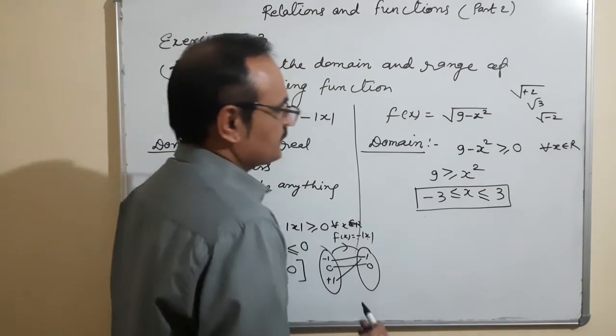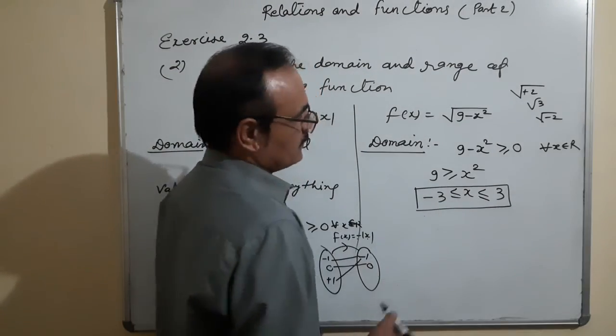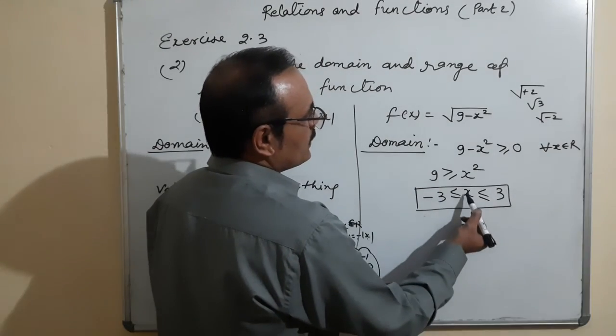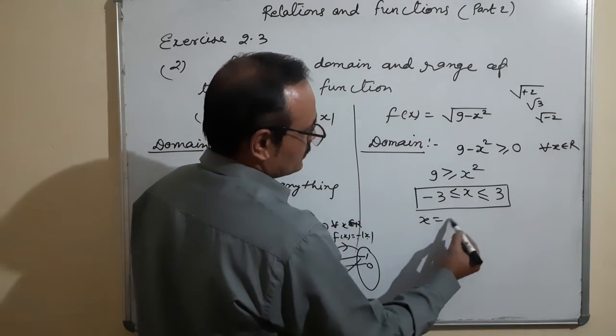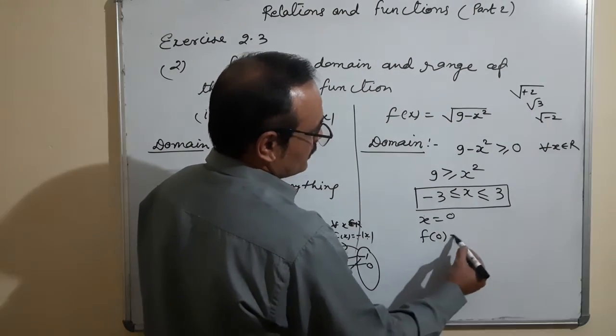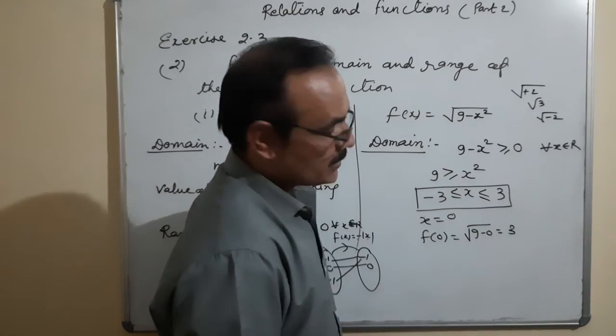Let me check. First, we check between minus 3 and plus 3. Suppose I put x equal to 0. f of 0 is under root 9 minus 0, which is 9, that means 3. Possible.